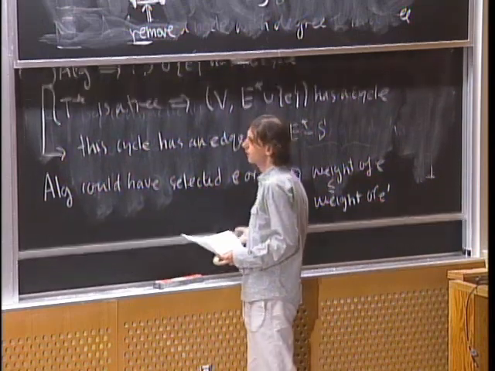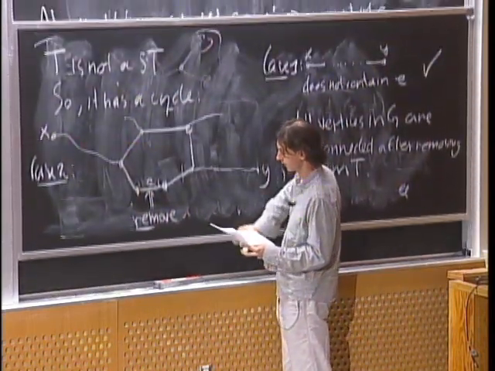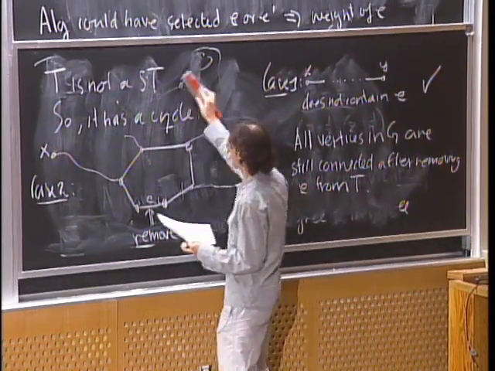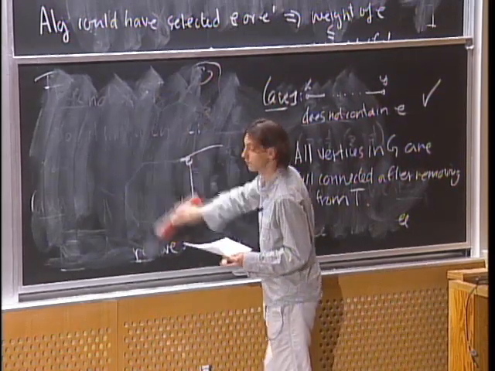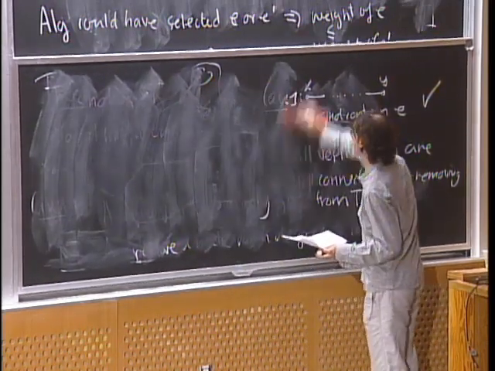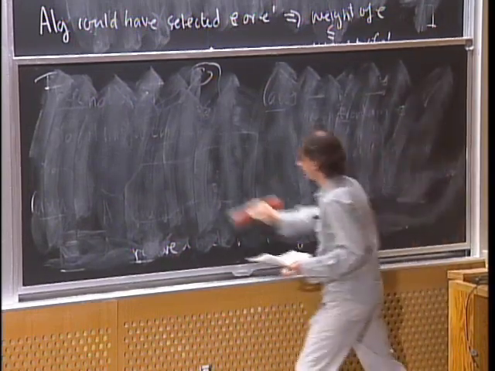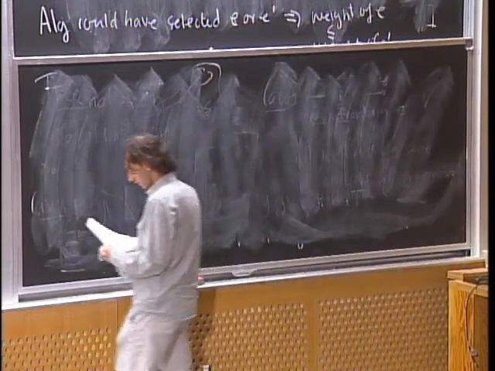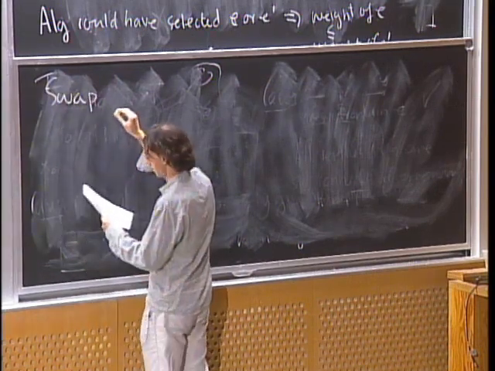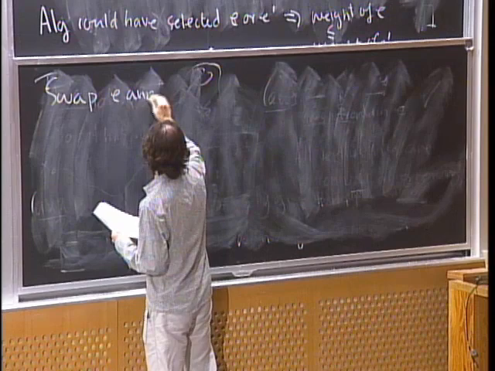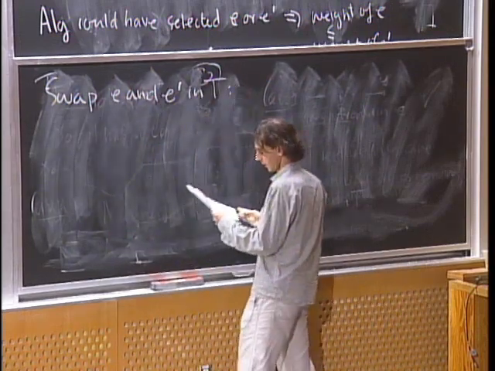So now let's swap E and E prime in T, and then we're almost done with this proof, because that will be the tree of which we'll prove that it is a minimum spanning tree. Okay, so the key idea is to swap E and E prime in T. How do we do it?